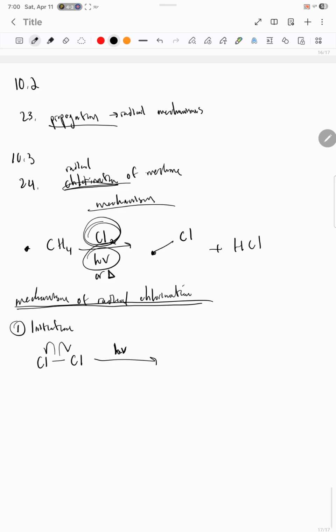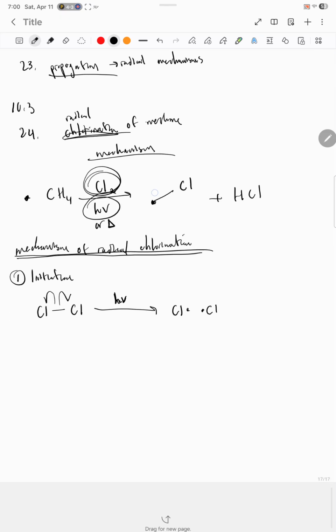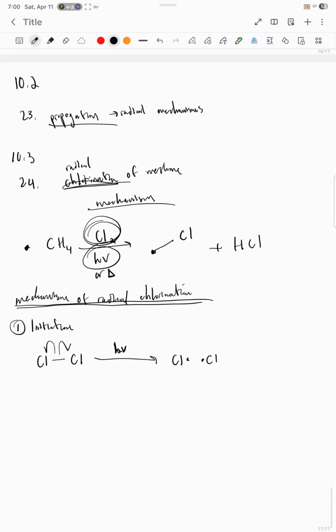Basically what will happen is we will get Cl radicals. Initiation of radical chlorination begins with cleavage.